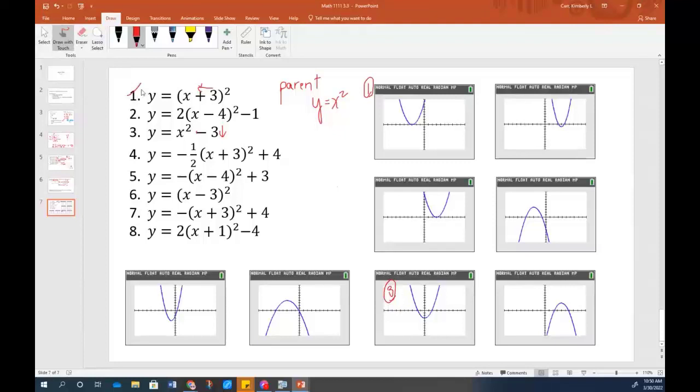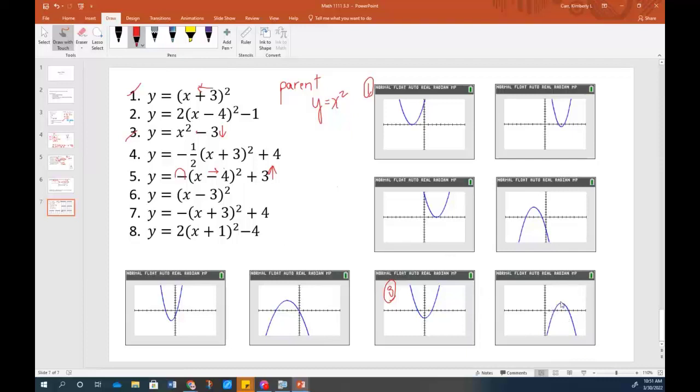So we have done this one and we've done this one. Let's look at number 5 here because this is shifts and then reflected down. So this one is going to move to the right 4, up 3, and this negative in front means it's going to be open and down. So I've got to find a vertex that's to the right 4 and up 3, and then the whole thing opens down.